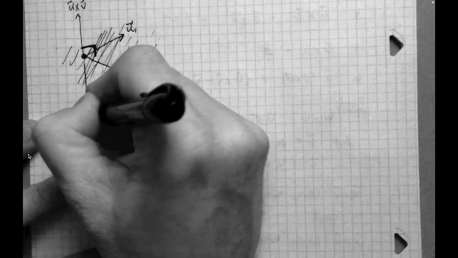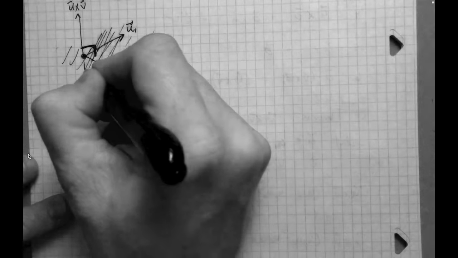So if I do u cross v, it might look like this. If I do v cross u, it's just coming out the other side. It just flips the direction of the orthogonal vector. It's still orthogonal to these two vectors, to this plane, but it's coming out the other side.